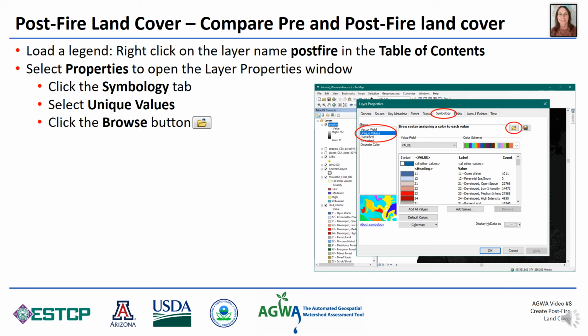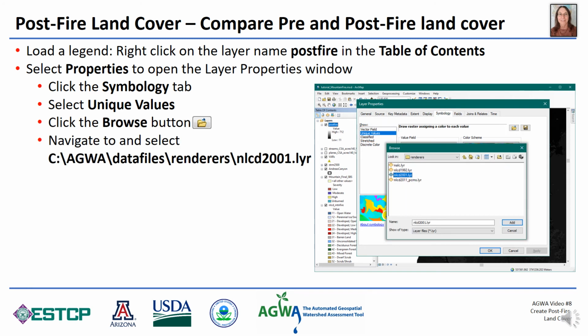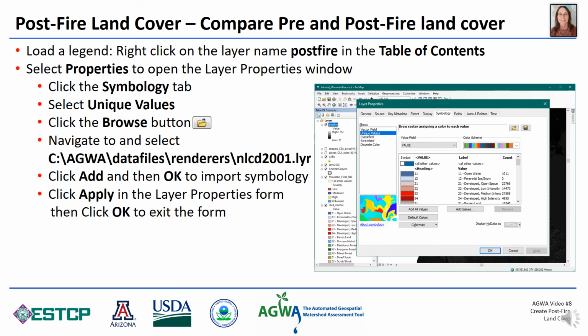Click the Browse button and navigate to the AGWA/Data Files/Renderers folder and select NLCD 2001.lyr. Click Add and then click OK to import this symbology. Click Apply in the Layer Properties form and then click OK to exit the form.